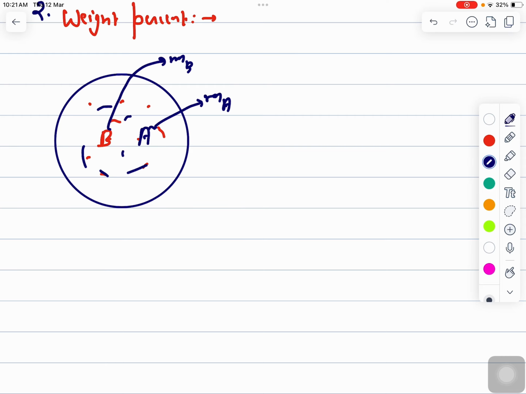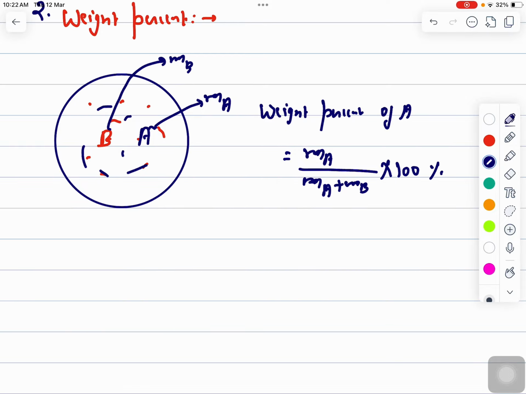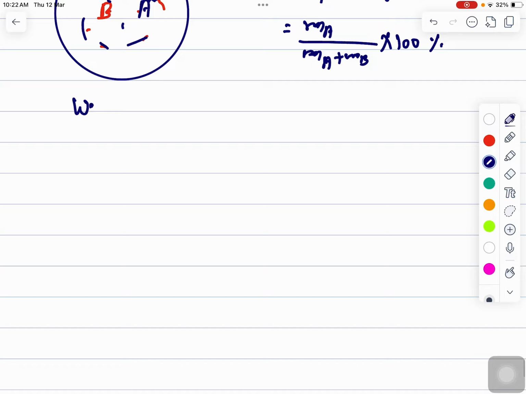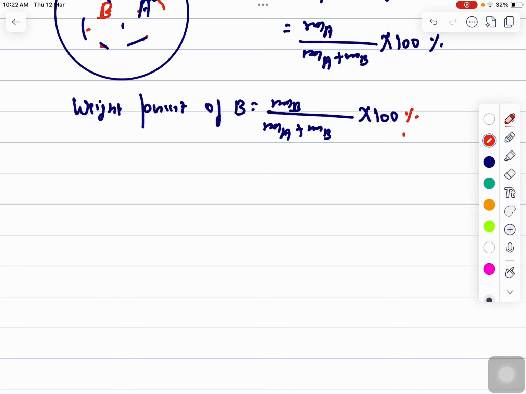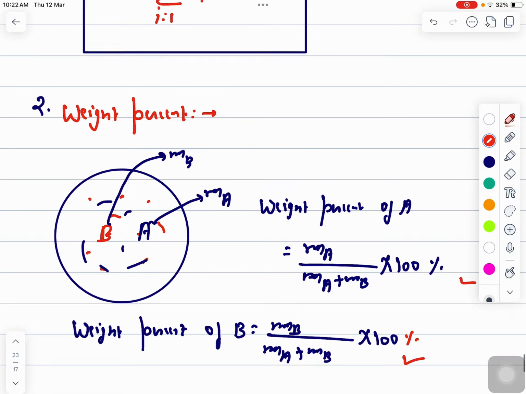If I want to calculate the weight percent of A, right, the weight percent of A is equal to Ma divided by Ma plus Mb into 100%, that will be with the percentage, right? I can also say the weight percent of B is equal to Mb divided by Ma plus Mb into 100%. Is that clear? So this is how you can calculate the mass percent and weight percent, right?